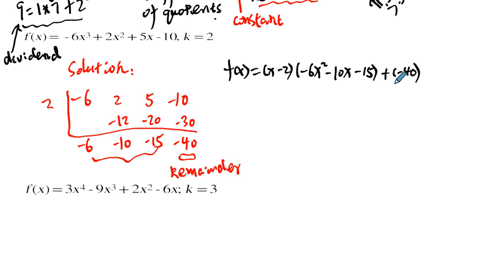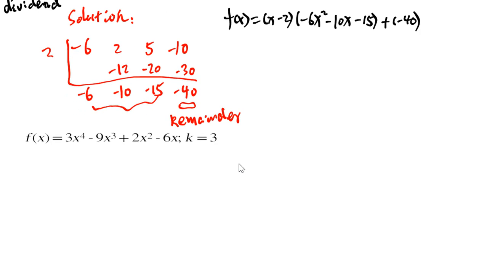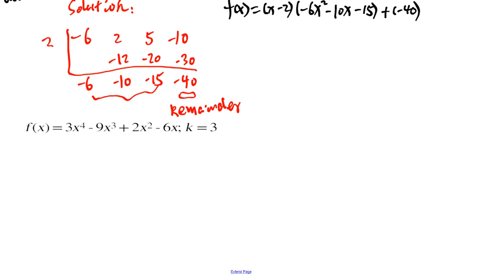Okay, now the last question. The last question, let me do in black. Solution. So again, you need to take the coefficients down. 3, negative 9, 2, negative 6.